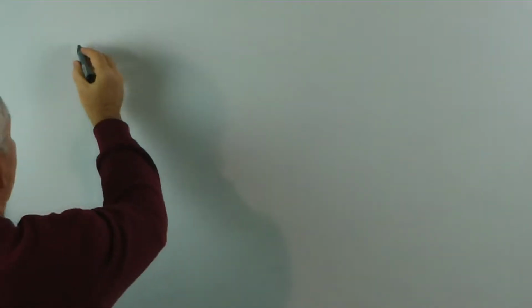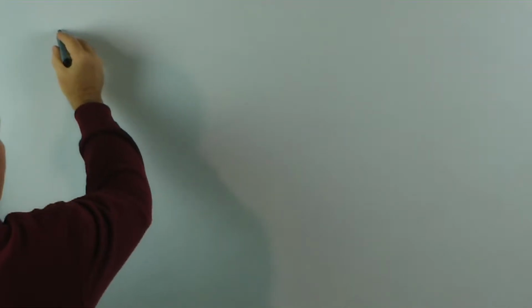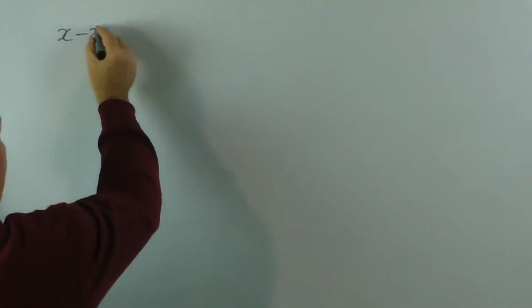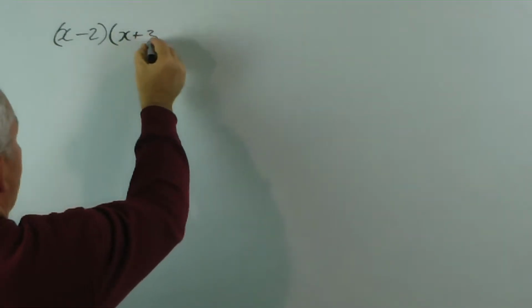Well, let's be a bit adventurous. I'm going to stick with vertical and horizontal asymptotes for the moment, for this one. And let's make two vertical and two horizontal. So for vertical asymptotes, we might have x minus 2 and x plus 3.